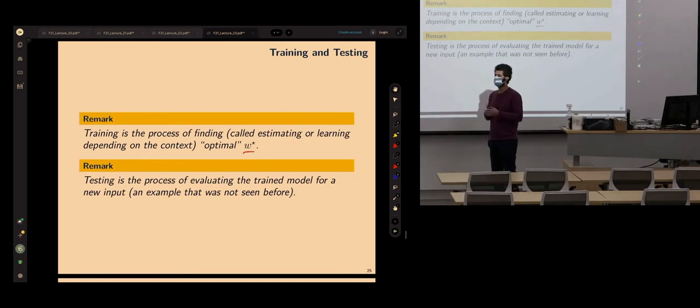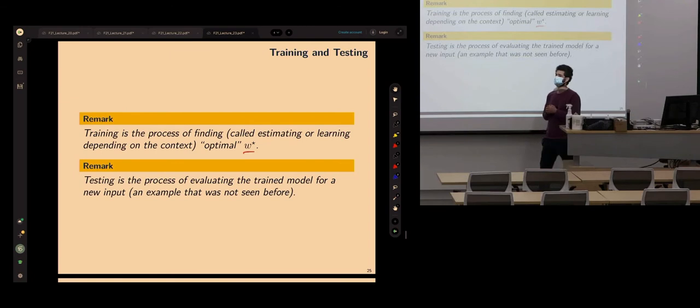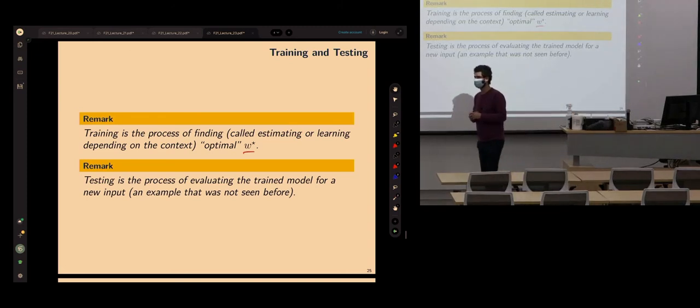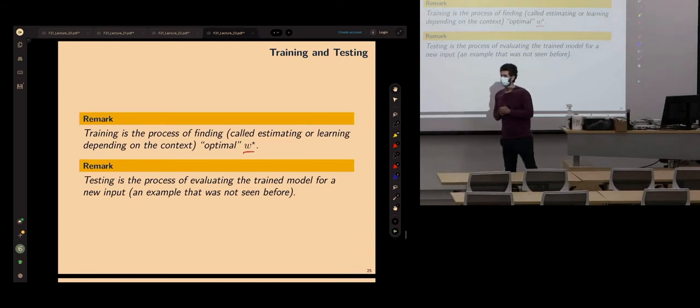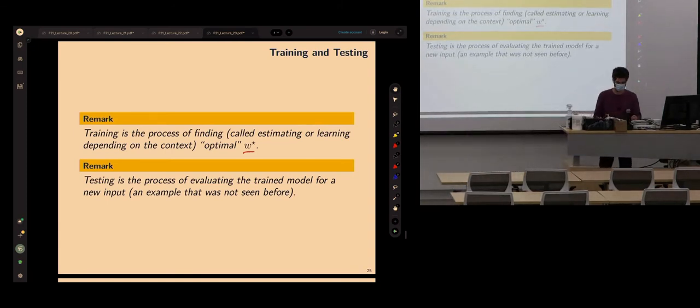Let's say you left 10, 15% out, not to be used for the training, and then you test on that. That's called a validation set. And then you might use completely new data that are not part of your training set, and that's called the test data, right? So good performance on training and validation data basically is necessary, but the challenge is having good performance on test data.